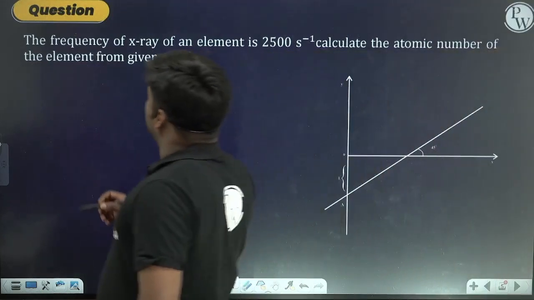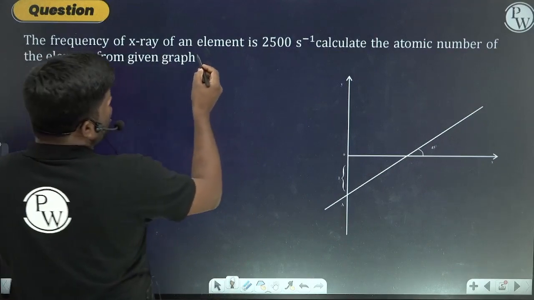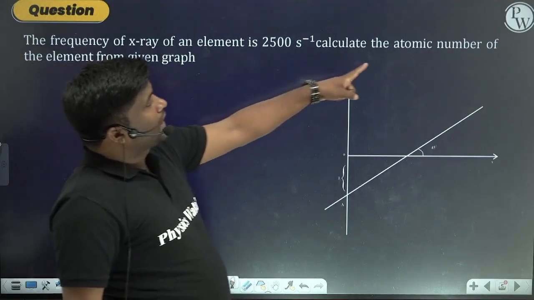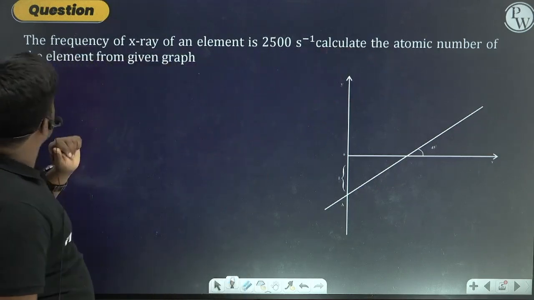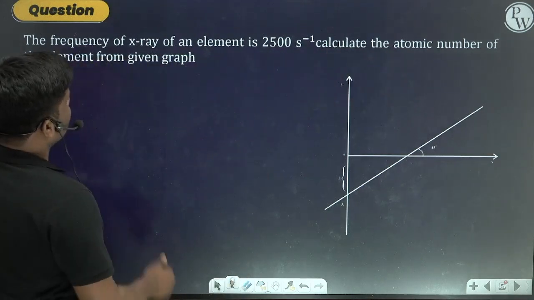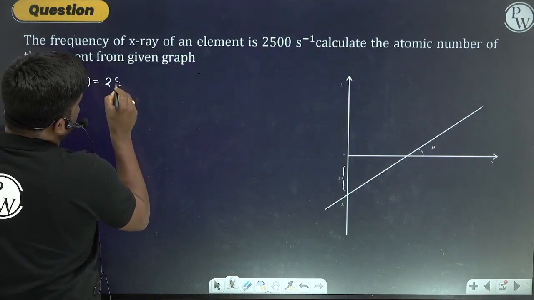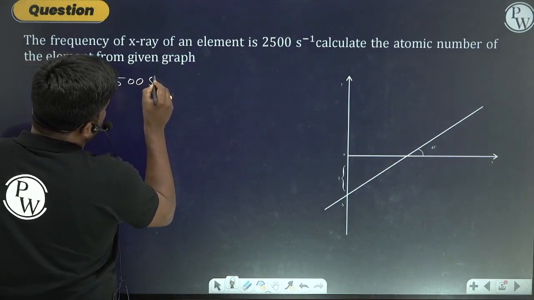The frequency of X-ray of an element is 2500 second inverse. Calculate the atomic number of the element from the graph. Frequency nu is 2500 second inverse.